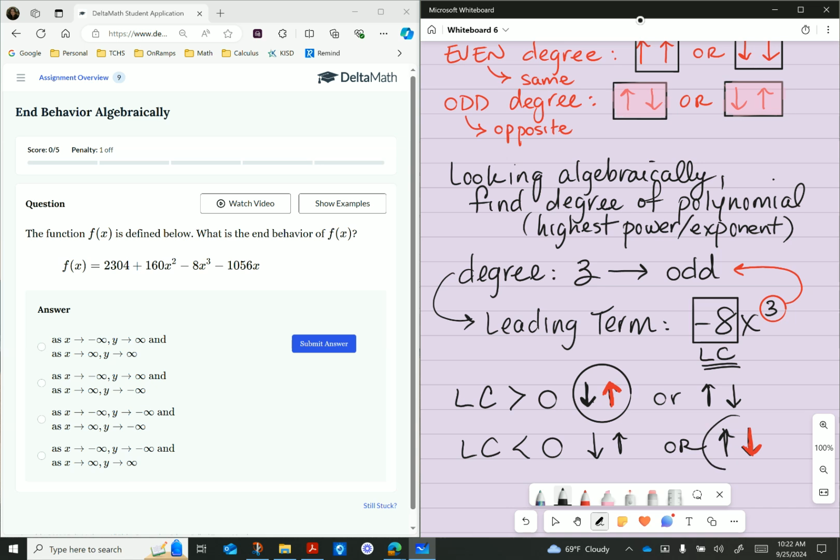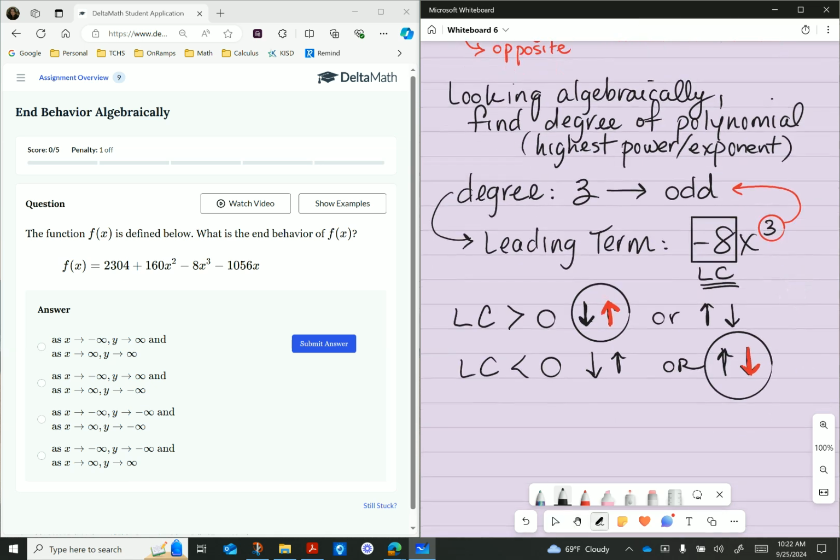So that means our option is going to be this one. Based on the fact that our leading coefficient is negative 8, I know this is what's happening with my graph. My left-hand arrow is going upwards, and my right-hand arrow is going downwards.